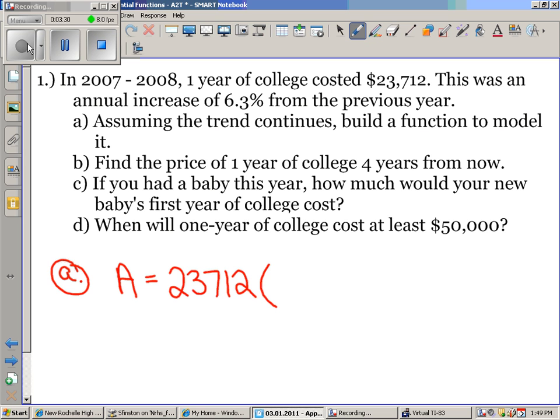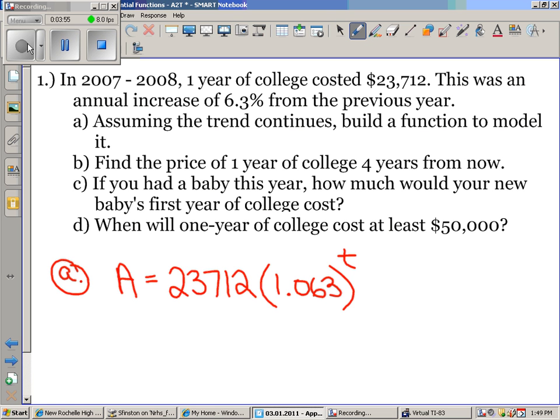What goes in the interest rate spot? Yep. Very nice. 1.063, because 0.063 is 6.3%. And then, finally, we don't have any time period.